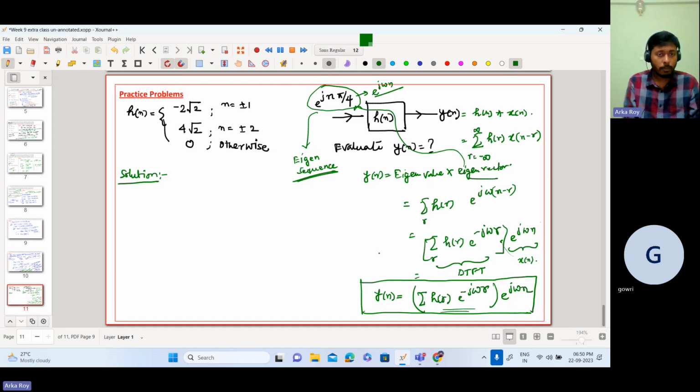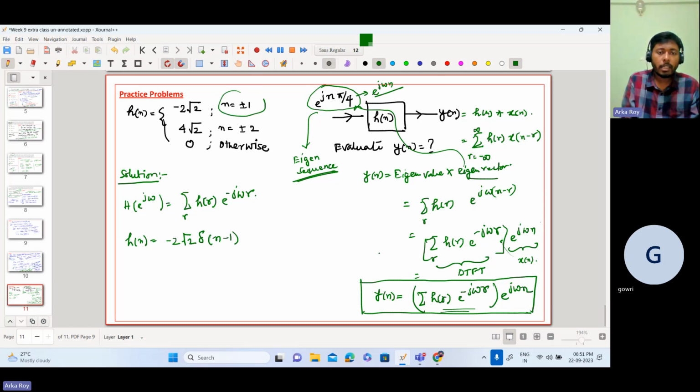The sequence is also given, so now we can compute the DTFT. DTFT H of e to the power j omega is equal to the summation of h of r, running from minus infinity to infinity, times e to the power minus j omega r, and h of n is given as minus 2 root 2 delta n minus 1.